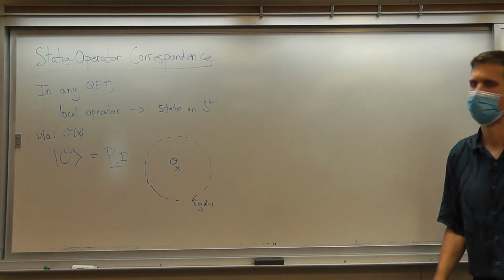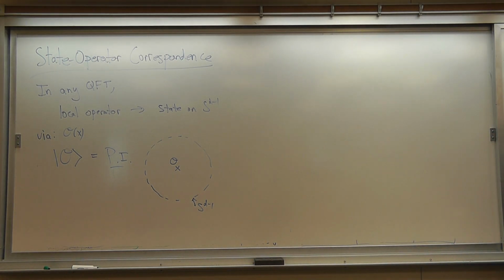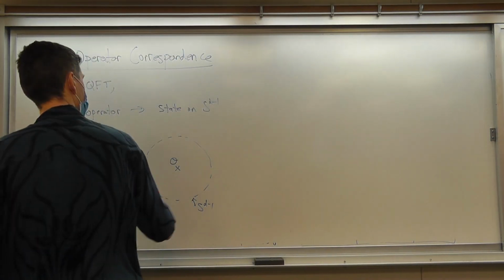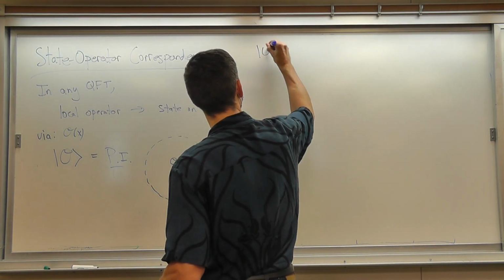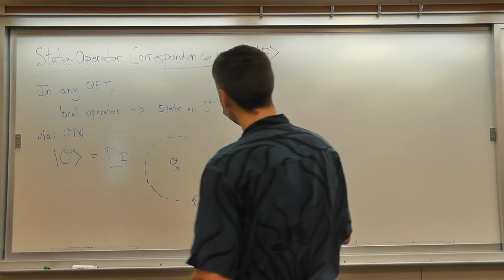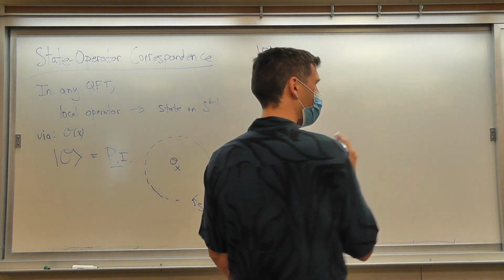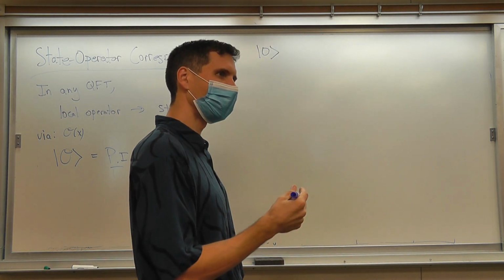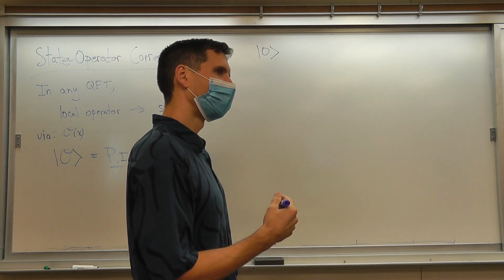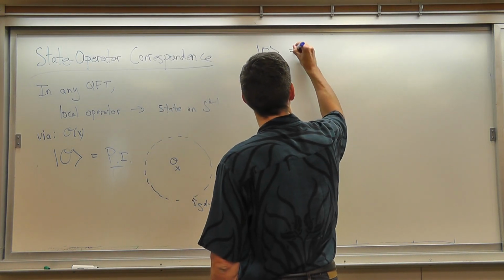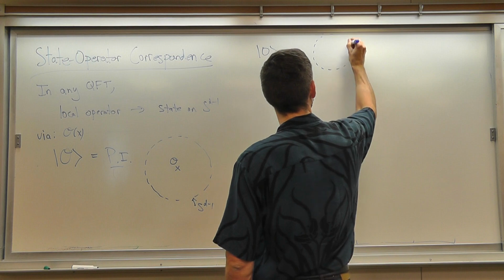Acting with the operator O on the vacuum state of... Yeah, so the way we think about it is that you can define a vacuum state to be the state with no operator.